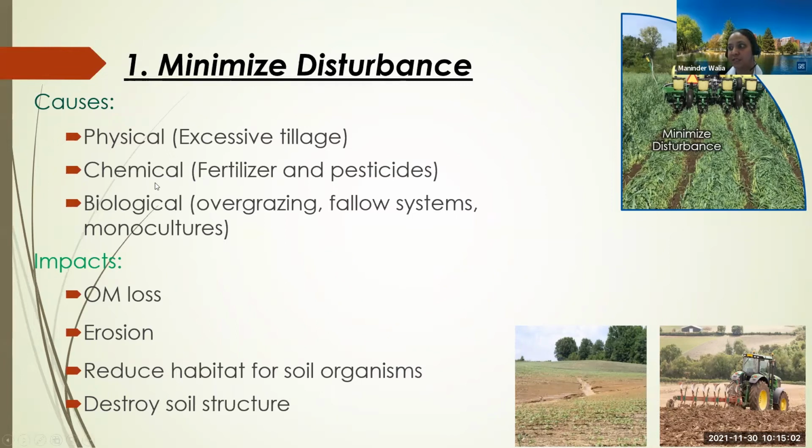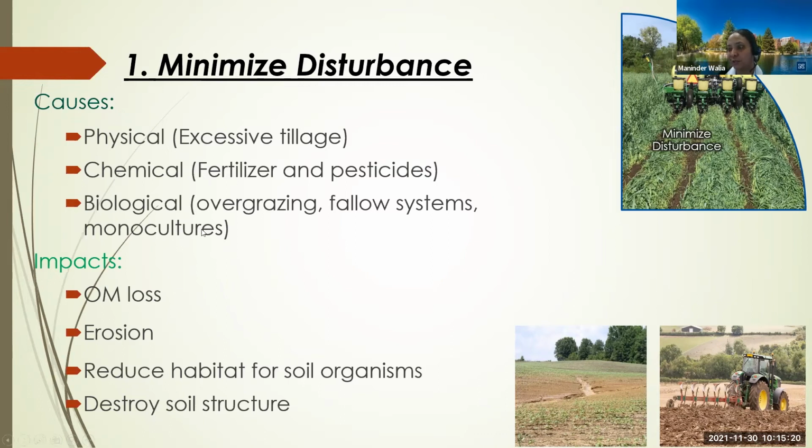Another factor is chemical, which can be the over-application or misapplication of farm inputs, including fertilizers or pesticides, and they disrupt the symbiotic relationship between microbes and plant roots.